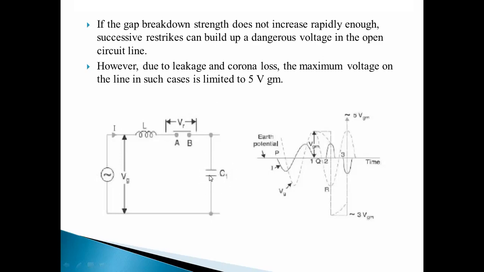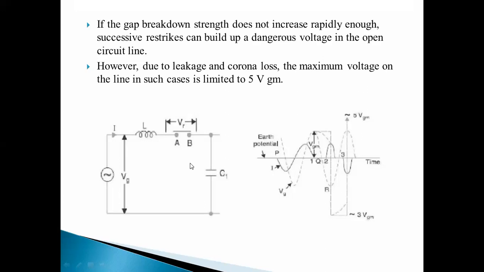Some voltage will be there across this capacitor, and a voltage will be there across this generator also. Whatever the difference of those voltages is will appear across this circuit breaker, and that voltage is nothing but VR. VR means what?